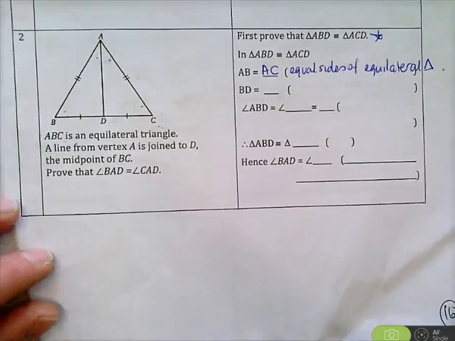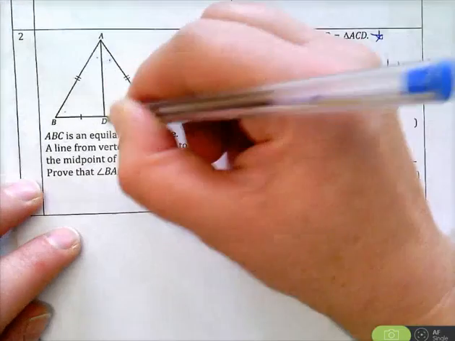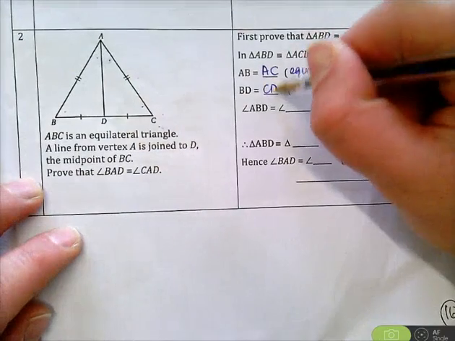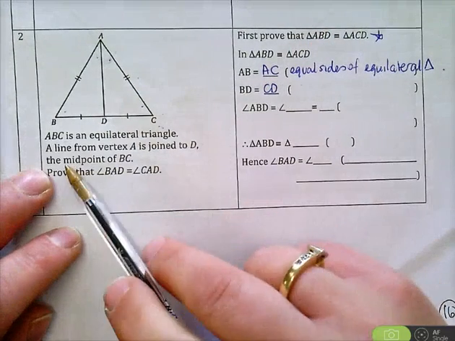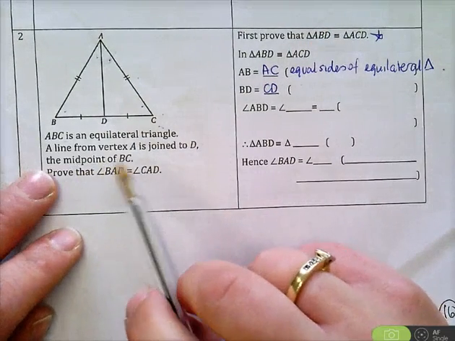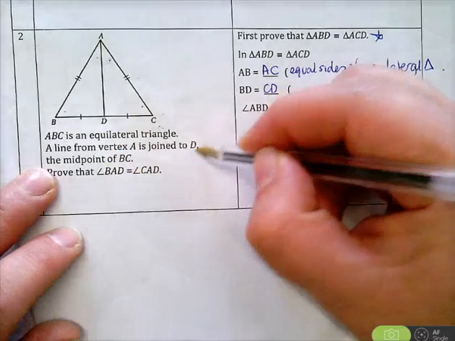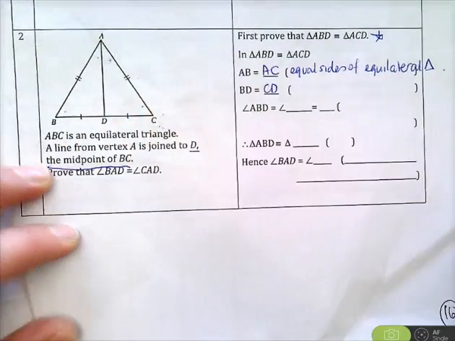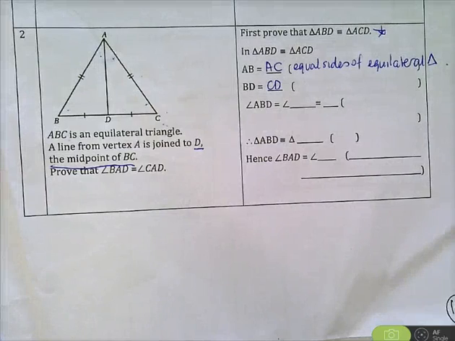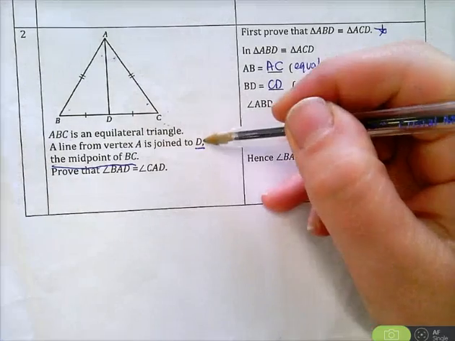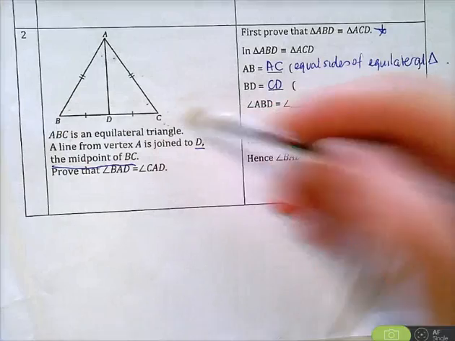Okay? Now, BD equals what? CD or DC. How do you know that? Because D is the midpoint. If D is the midpoint of BC, it doesn't say AD is perpendicular to BC. It says that D is the midpoint of BC.